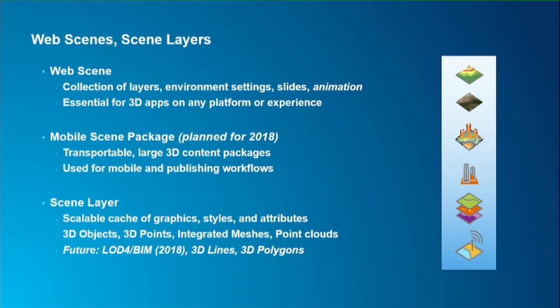The container is a JSON descriptor at the end of the day that is interpreted by a client and realized as a TOC and legend and layer orders and all those kinds of things. We are later this year introducing a mobile scene package, which is a persisted version of a web scene with persisted data, all wrapped up into an archive.